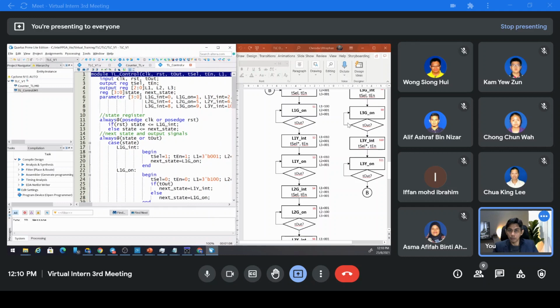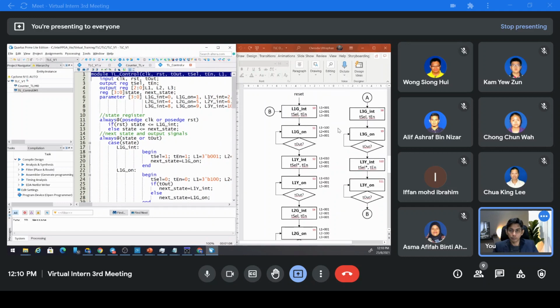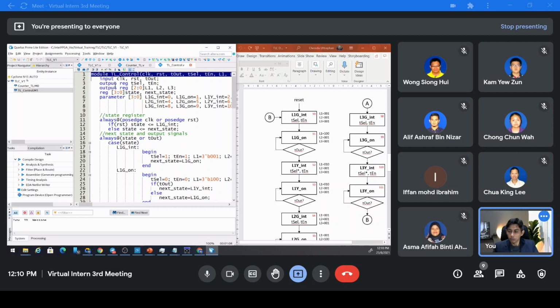Okay, so we have the controller and all the states here. The names are exactly based on this. So remember, when you design the digital system, ASM, the name is very important. So please name it accordingly so that you can refer to it directly.